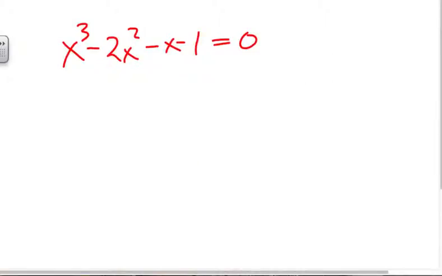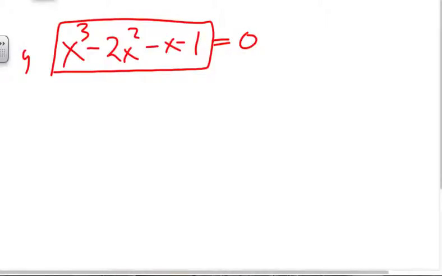Okay, another thing this will help you with is things like this guy. Now we're going to show you how to do this without the graphing calculator, and you're going to have to know how to do this without it. Okay, so what you do is this is going to be your y equals.